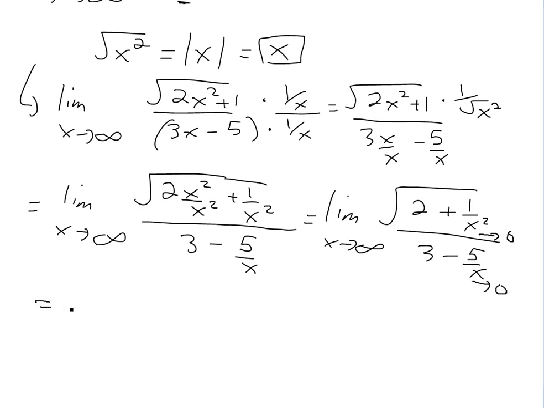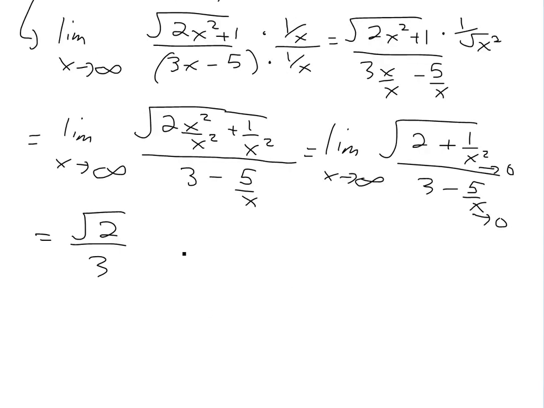So those are just 0, and we're left with 2 over 3, because these zeros are not going to do anything. You're just putting in a really large number, and 1 divided by a really large number goes to 0. So this is a horizontal asymptote, or basically the line y equals this is a horizontal asymptote.